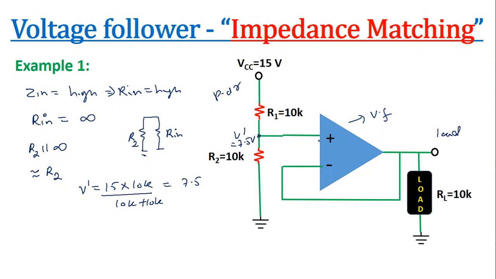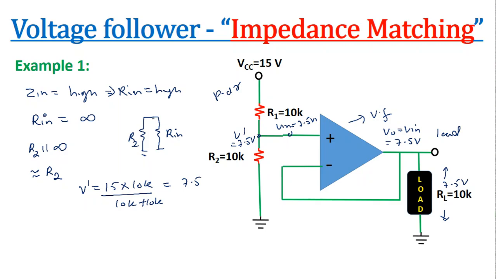We know that in the voltage follower, output voltage is equal to input voltage, and this 7.5 volt is the input to this operational amplifier. So we take V in equal to 7.5 volt here. Since in the voltage follower output voltage is equal to input voltage, we get output voltage equal to 7.5 volt, which will be across this load resistance RL also.